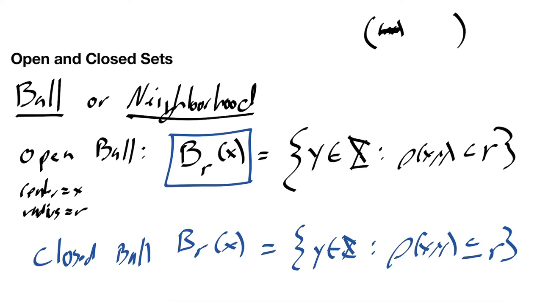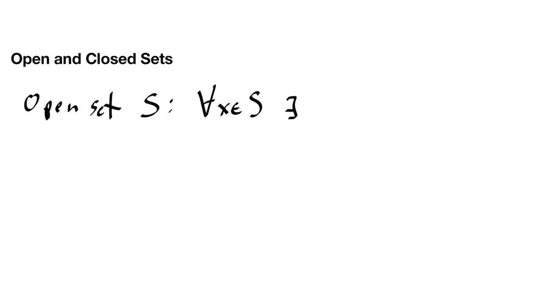So once we know what an open and closed ball is, we can define an open and closed set as follows. A set S is open if for every x in S there exists an epsilon greater than 0 such that the ball of radius epsilon around X is still in S. And so what does this picture look like?